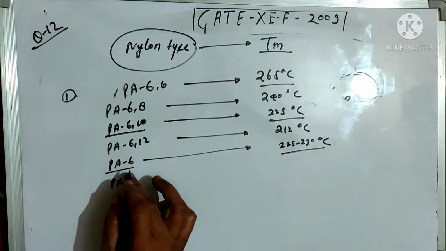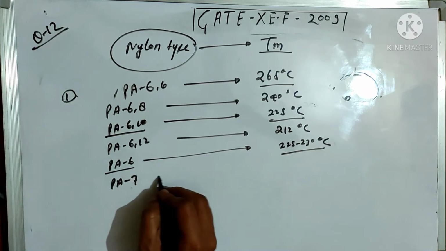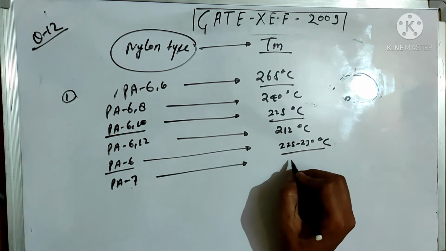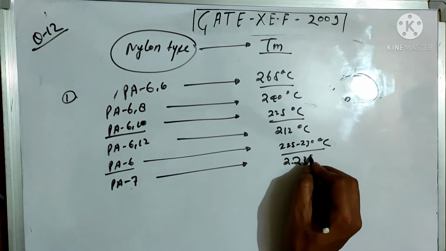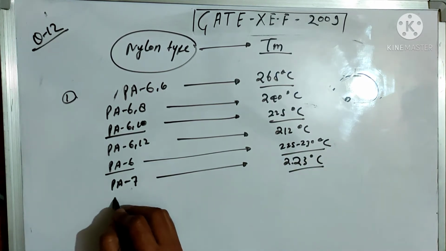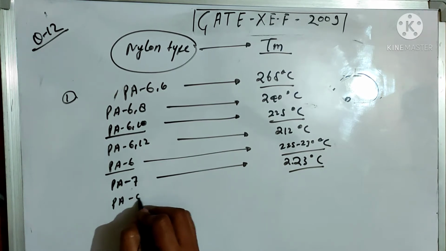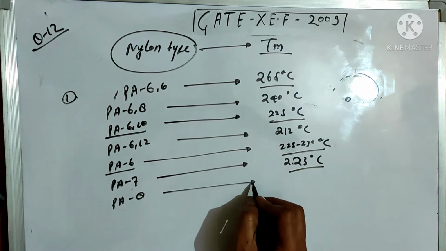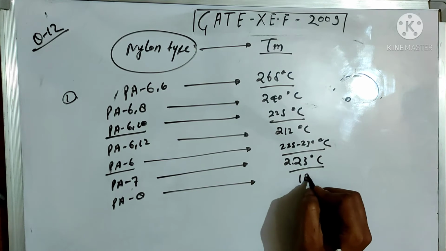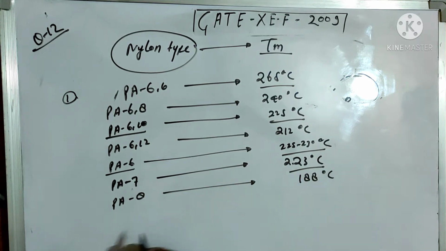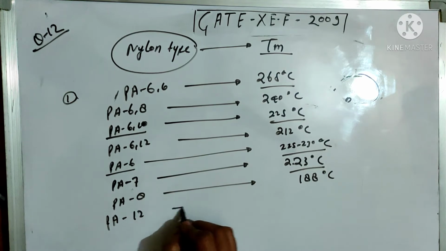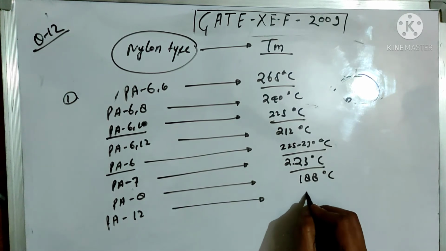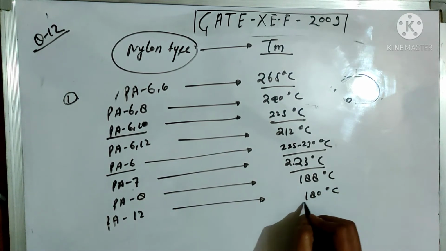Nylon 7, polyamide 7 has a melting point around 223 degrees centigrade. Nylon 8, polyamide 8 has a melting point around 180 degrees centigrade. And polyamide 12, nylon 12 has a melting point around 180 degrees centigrade.